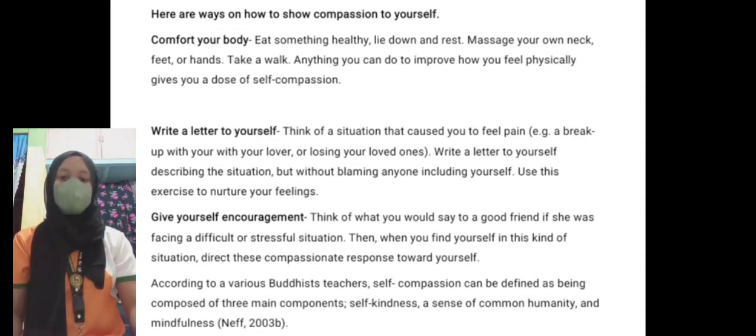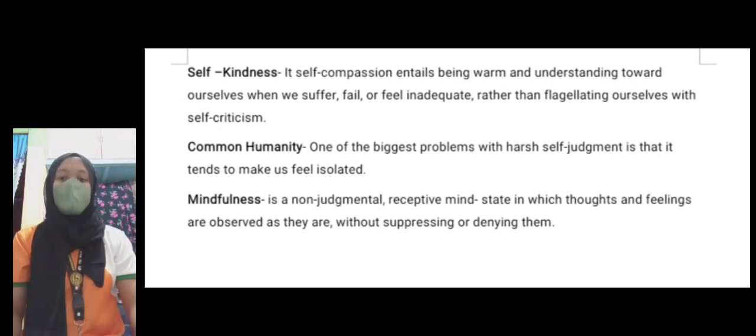According to various Buddhist teachers, self-compassion can be defined as being composed of three main components: self-kindness, a sense of common humanity, and mindfulness. Kindness. Self-compassion entails being warm and understanding toward ourselves when we fail, suffer, or feel inadequate, rather than flagellating ourselves with self-criticism.